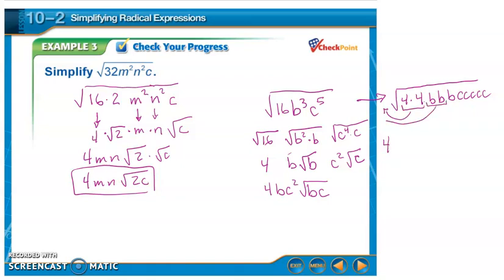They come out as 1 because you're doing the square root. And then here's a group of 2. It comes out in another group of 2. 1c comes out, and then the square root of c. So this is 4bc squared square root of c. So that's just another version of how to do this.